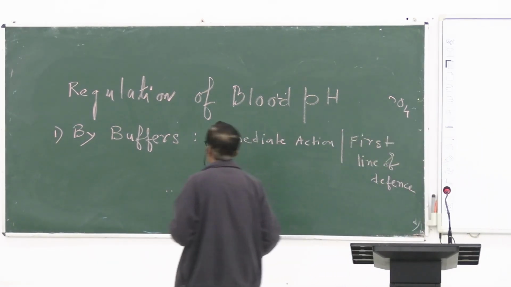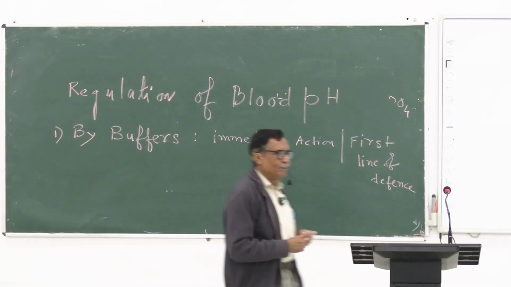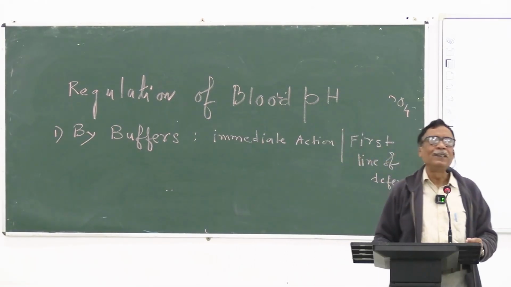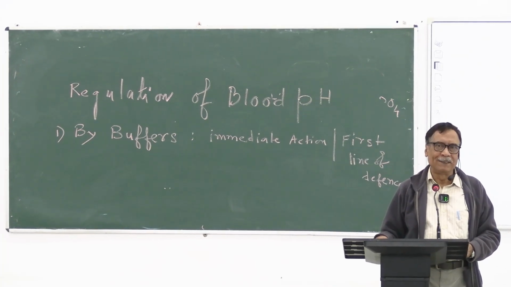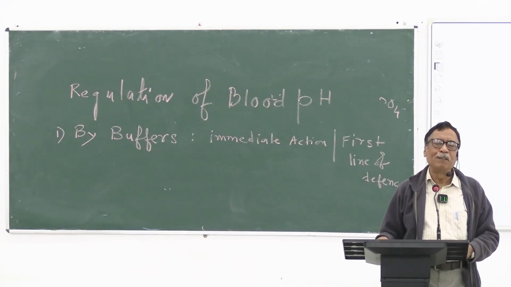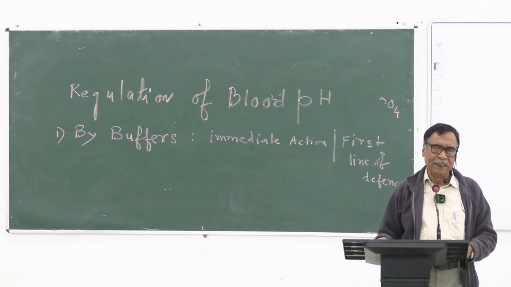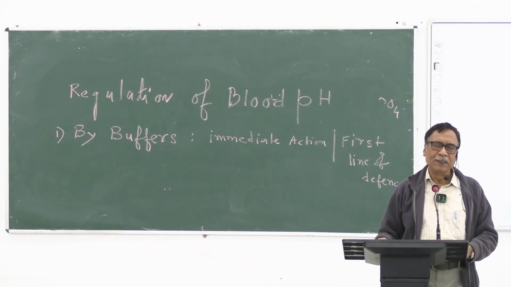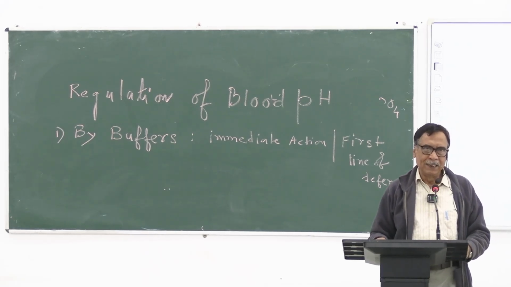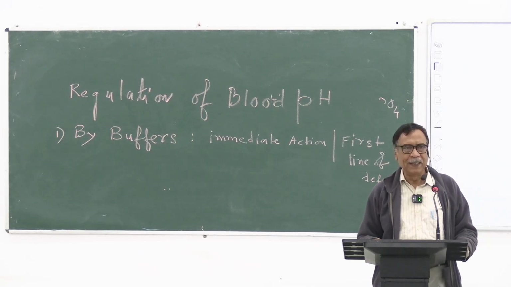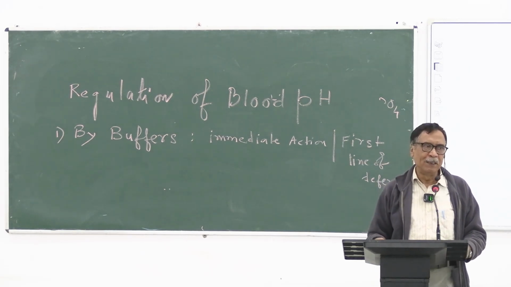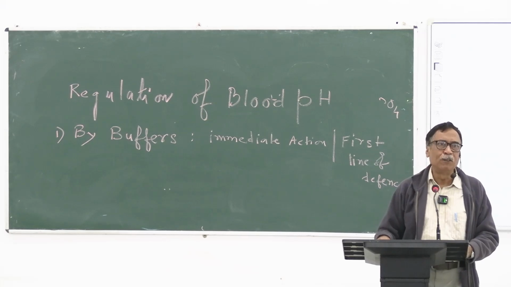Second line of defense is done by lungs, and third line of defense, the ultimate and strong defense, is exerted by kidney. There are two organs, lung and kidney, which are responsible mainly to maintain acid-base balance, to maintain pH of the blood within normal range.